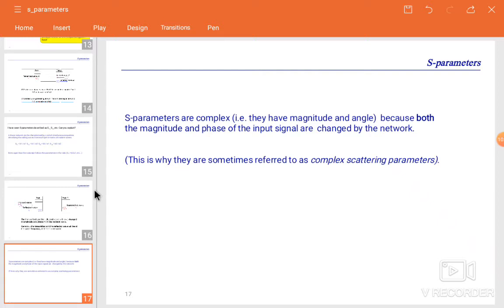S parameters are complex, that is, they have magnitude and an angle, because both the magnitude and the phase of the input signal are changed by the network. This is why they are sometimes referred to as complex scattering parameters.